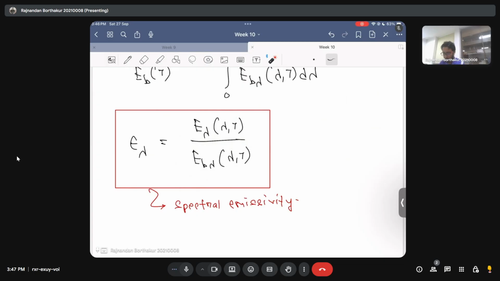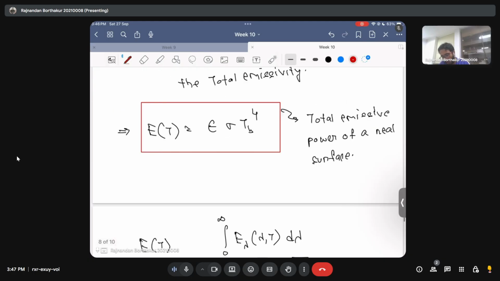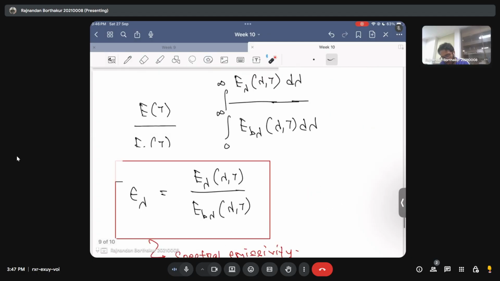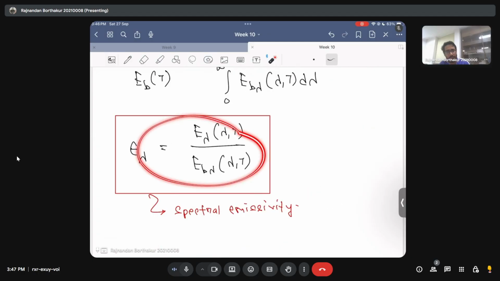Equivalently, this epsilon lambda is known as spectral emissivity, or you can also call it the spectral hemispherical emissivity. That means while the former was not a function of wavelength, the latter, the spectral emissivity, is a function of wavelength, because now we are looking at one wavelength of interest.